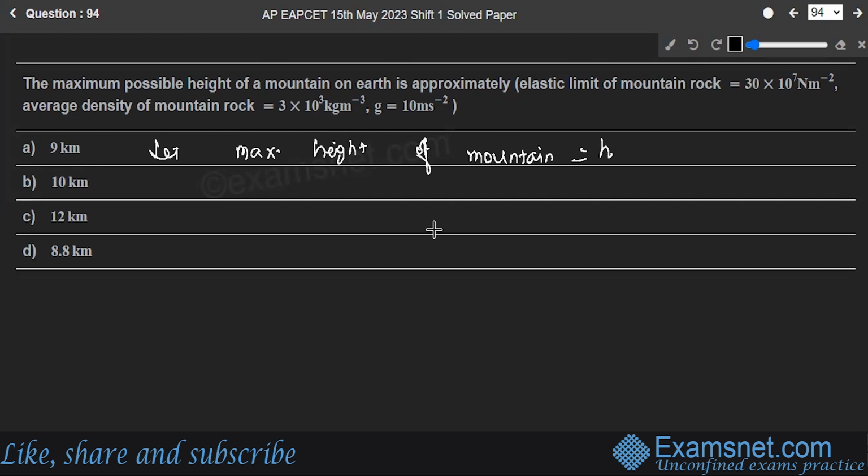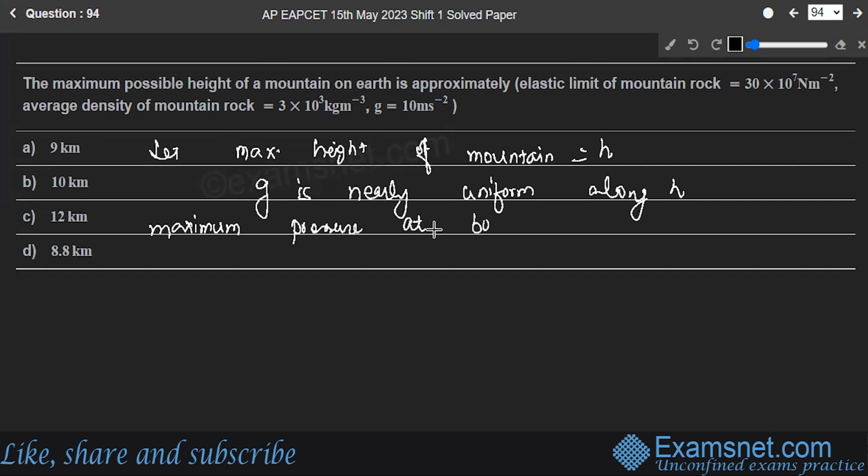So here g is nearly uniform along this edge. So the maximum pressure at the bottom is given by h rho g, where rho is the density of the mountain rock.